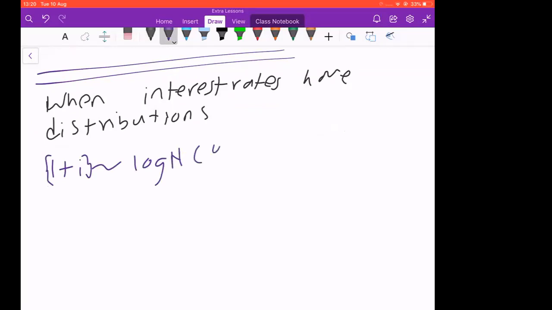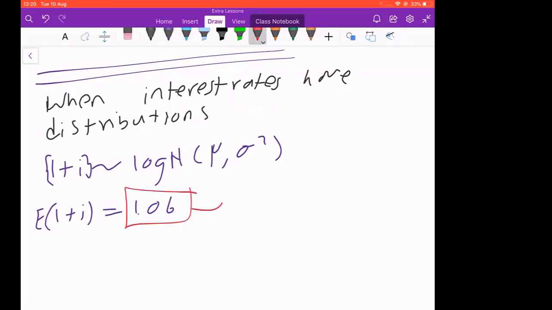has a log normal distribution with mu and sigma squared. So my advice is that every time they tell you that 1 plus I has a log normal distribution, even if they tell you that the expectation of 1 plus I is going to be 1.06, do not put this 1.06 over here, right?